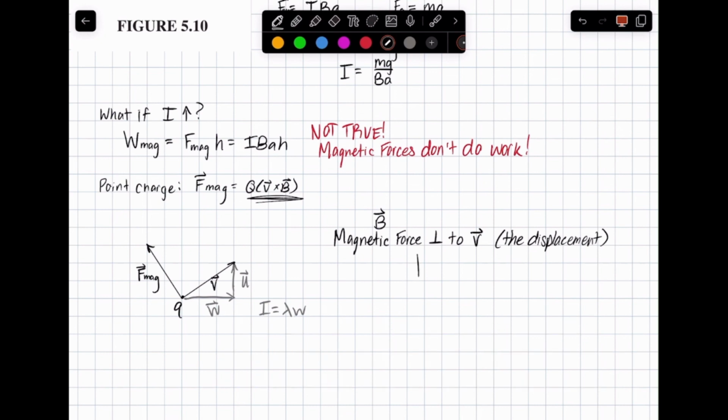So there is no work being done by B, by the magnetic field, because it is perpendicular to the displacement.